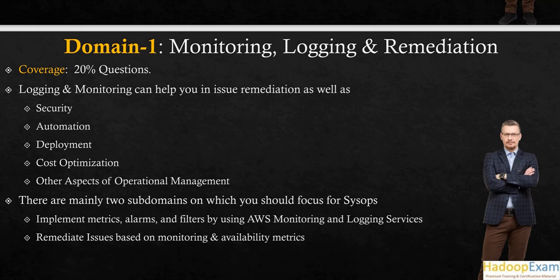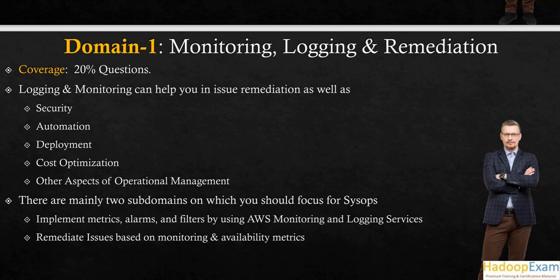Then you would be working on logging, because logging is very critical. If you have been a developer, you know how important logging is. And once you have monitoring and logging in place, then how to remediate your incident, whatever happened. How to find what is going wrong with the system, what had happened.